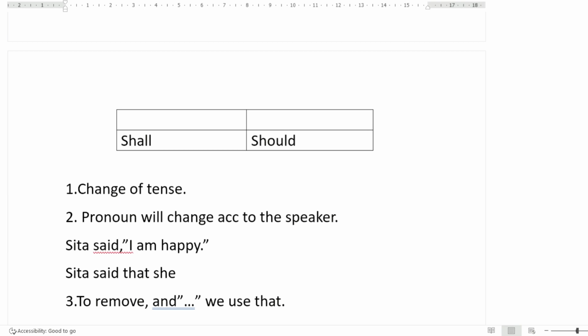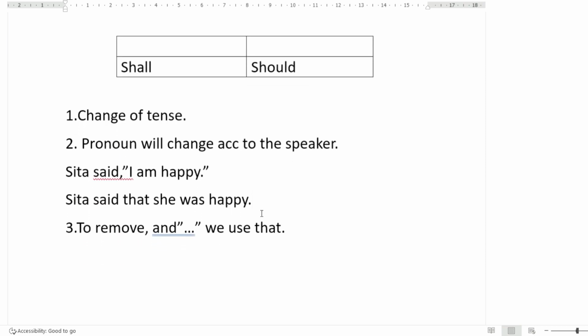Am denotes present tense. So in past tense it will be, Sita said that she was happy. So we did three changes while changing declarative direct speech to indirect speech. First, change of tense. Second, change of pronoun. Third, to remove comma and inverted commas, we will use that.